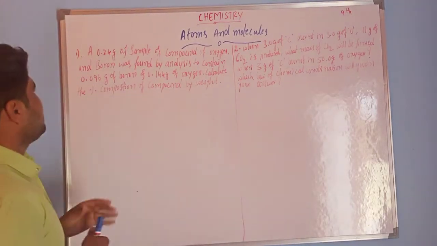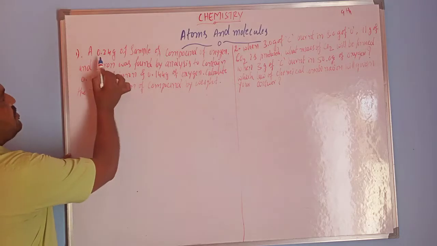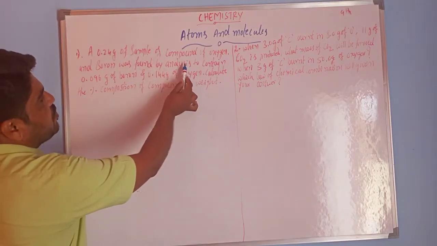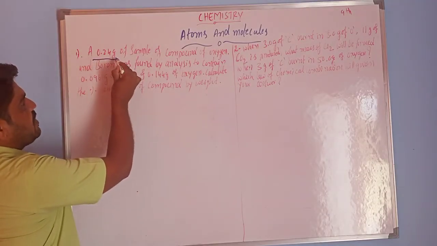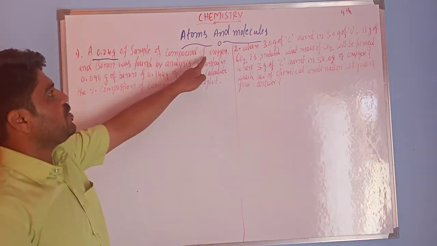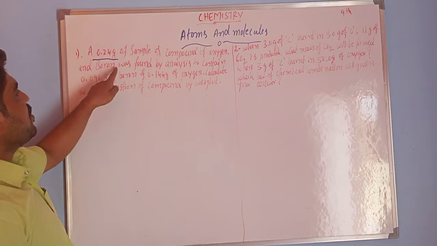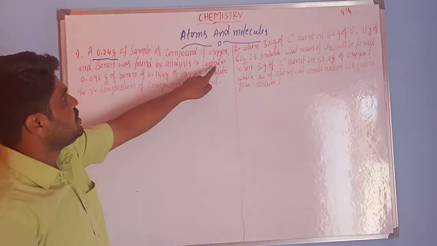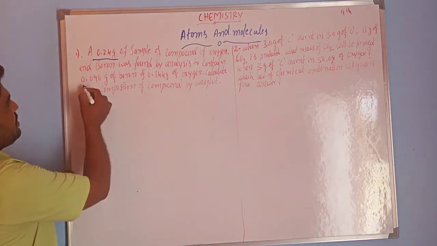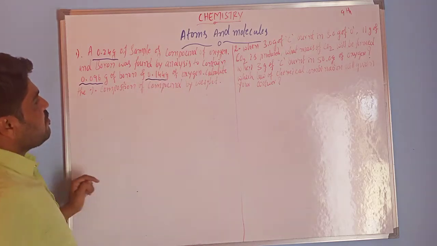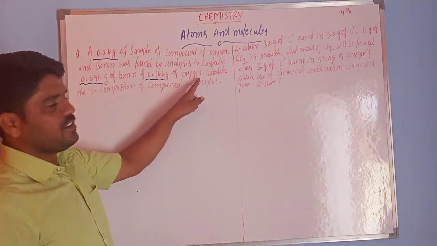The first one is like this: a 0.24 gram sample of a compound of oxygen and boron was found by analysis to contain 0.096 grams of boron and 0.144 grams of oxygen.